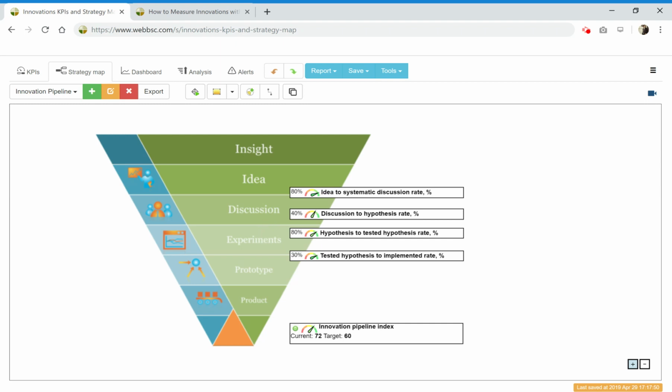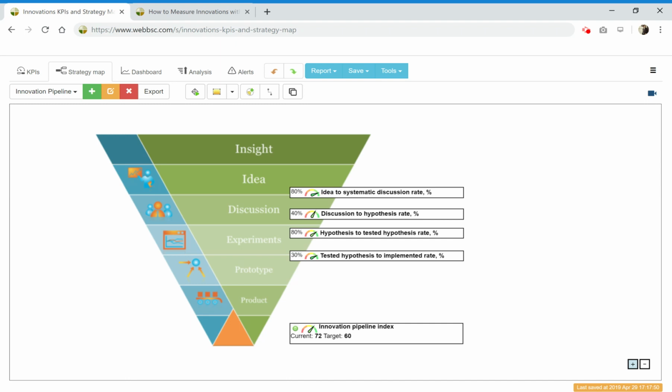We can talk a lot, but any discussion should end up with certain tests, with certain documents, certain formalities, deadlines, of course, and that will give us a sense that this idea is moving on. And the same happens when we move from experiments to prototype and product. So around this, we can already build some metrics. We can quantify on this, and this will be one of the approaches.